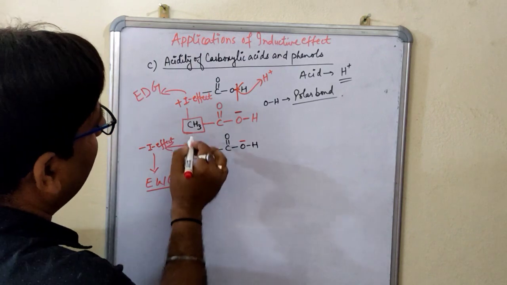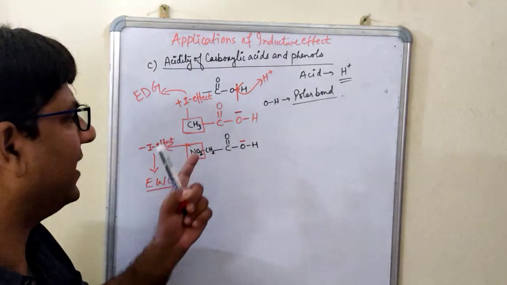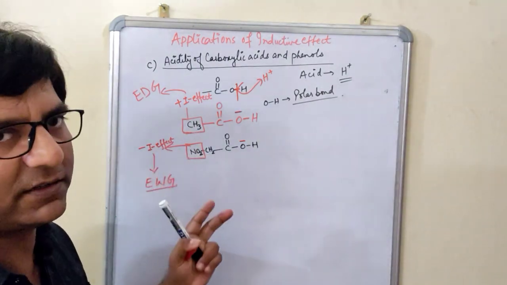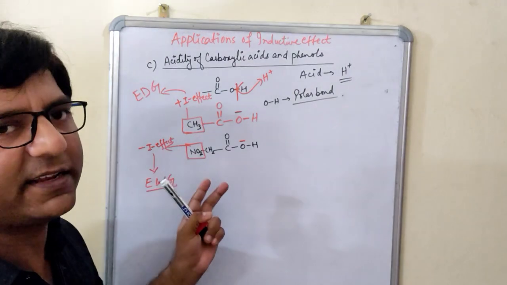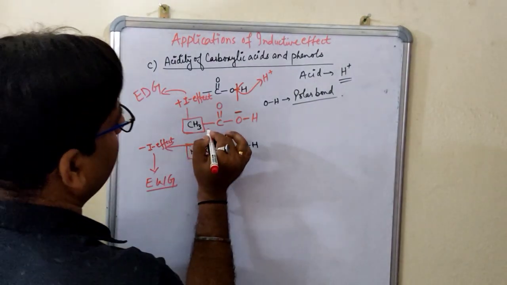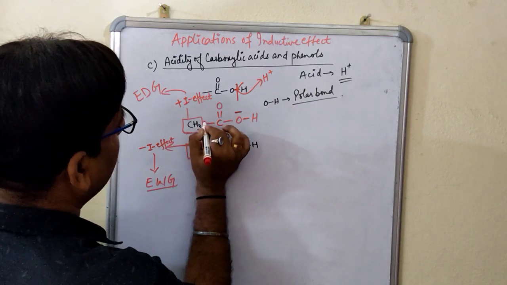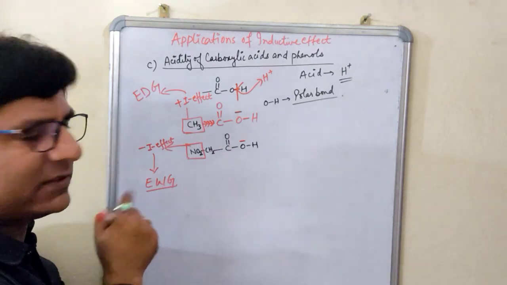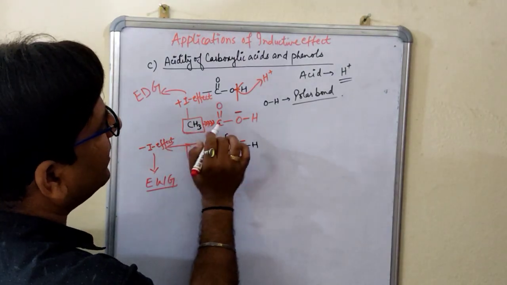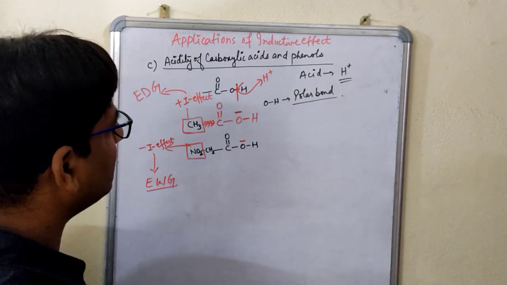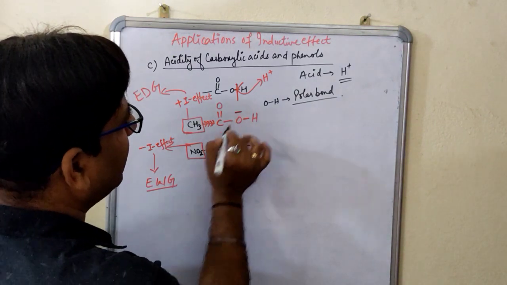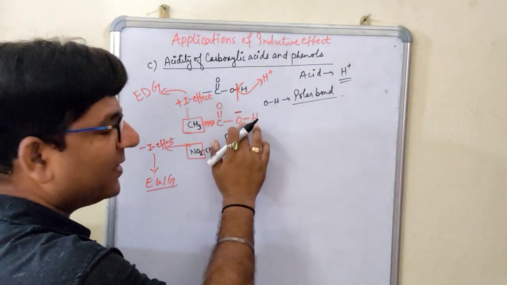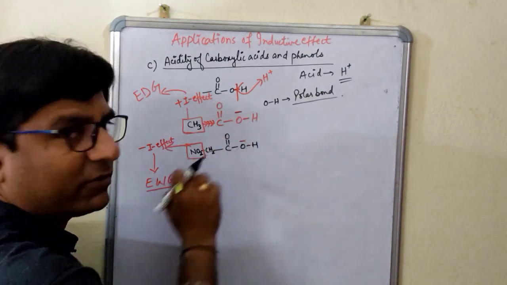Right, now of this example and this example, which is more acidic? If you understand these two examples, you can easily write about the acidic strength of the acids. Now you know this is the electron donating group, it will donate the electrons further. This alkyl group, the methyl group here, will donate the electron. What will happen? Already this oxygen has the negative charge, because it is highly electronegative, and the bond between them is also strong because of their difference in electronegativity.